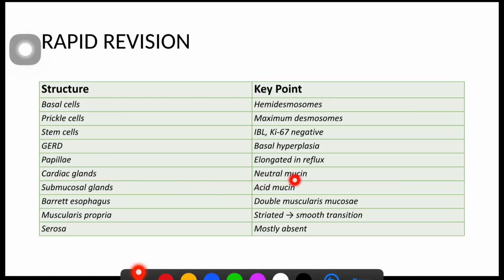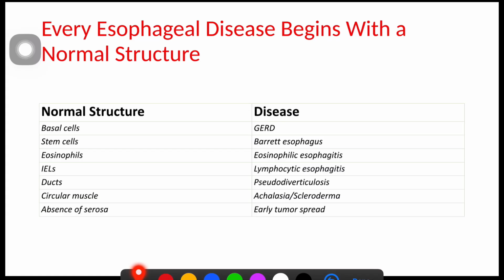Cardiac glands contain neutral mucin, submucosal glands contain acid mucin. Barrett esophagus generally has double muscularis mucosae, muscularis propria has striated to smooth transition, and serosa is absent.